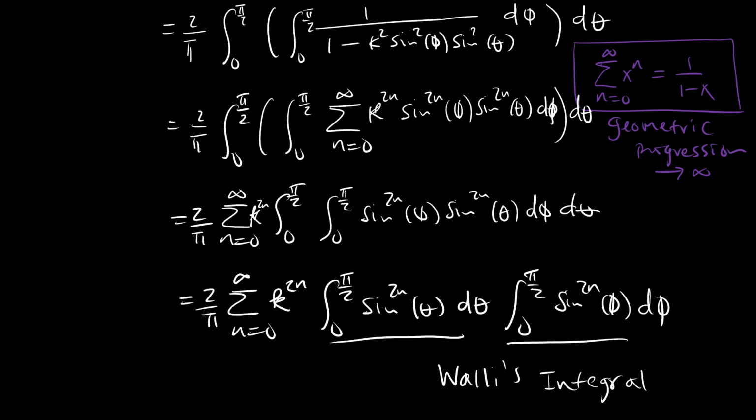So we're going to take a small detour and see how this integral can be solved. Then we come back and plug in what values the Wallis integral gives us. So let's take that detour and solve for the Wallis integral first.